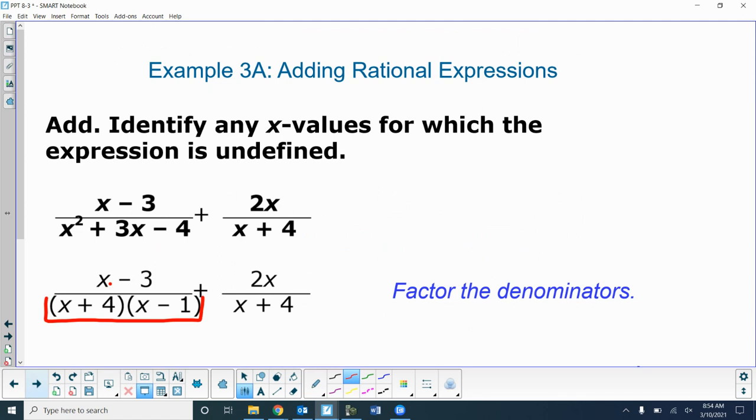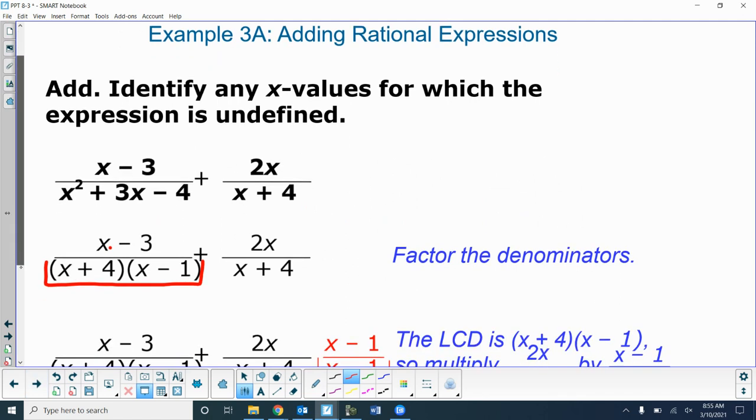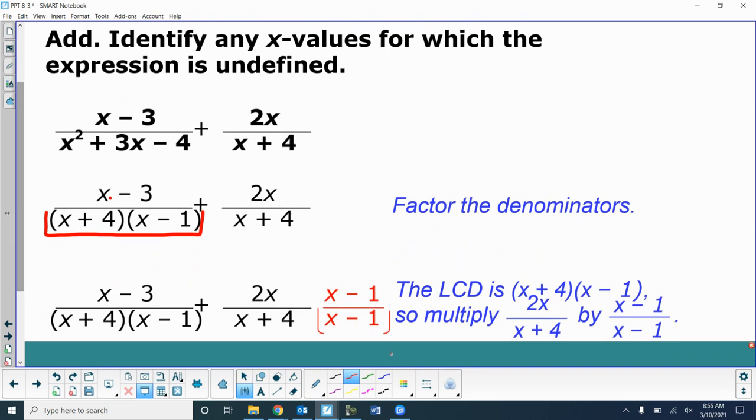So I multiplied this denominator by x minus 1. So I have to multiply this 2x, that old numerator, by x minus 1. Whatever you do to the bottom, you got to do to the top. Same procedure. How do I multiply these two? Distribute. Yeah, just go 2x times x and 2x times negative 1.